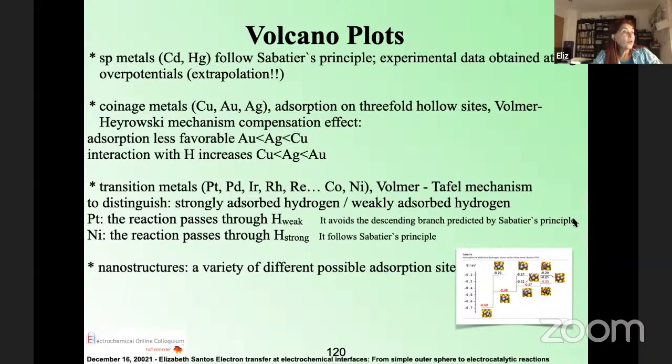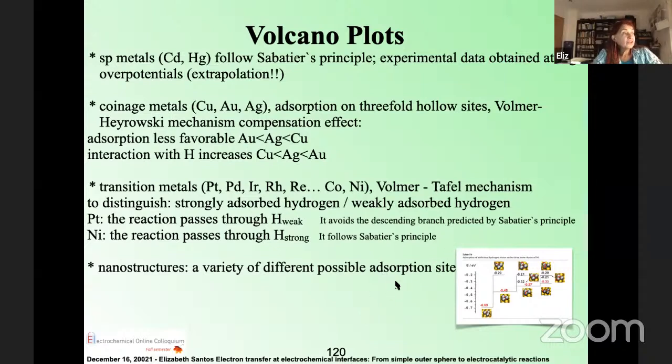That is the reason why it does not obey the Sabatier principle: the intermediate is a different one. In the case of nickel, the reaction does occur through this strongly adsorbed hydrogen, and it follows the Sabatier principle.